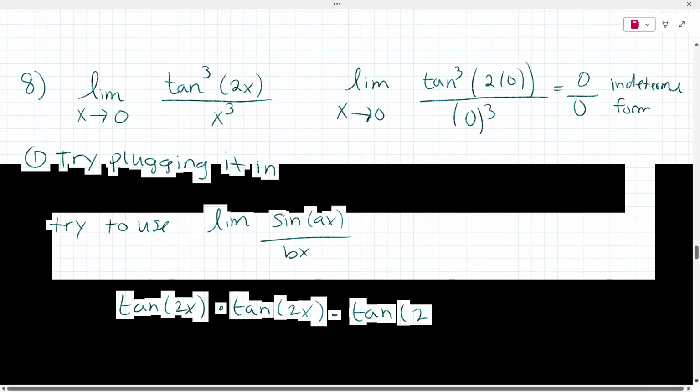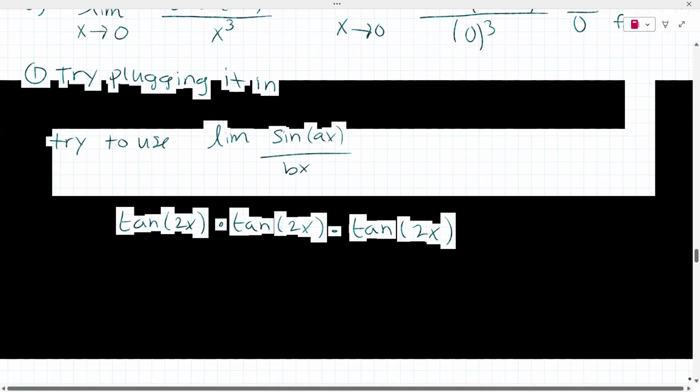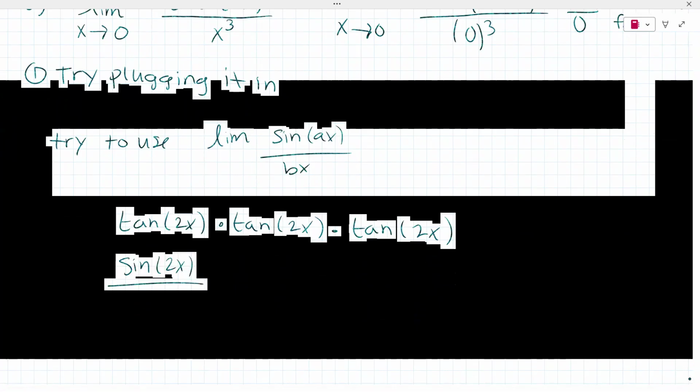And then on the bottom, x cubed is fine. Now, could I simplify tan of 2x? Yeah, tan is the same thing as sine over cosine. So we definitely can do that. So tan of 2x can also be expressed as sine of 2x over cosine 2x, right?